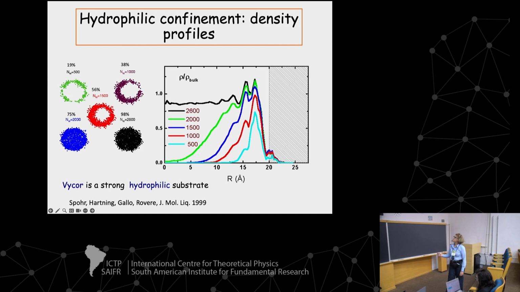This is the density profile that we got. We did several iterations of the pore. This is the surface, and as you can see, this is the density profile. We have a couple of bumpy layers, and then this is rho over rho bulk. It goes to a constant density, slightly lower than the water density because of steric reasons, but constant.